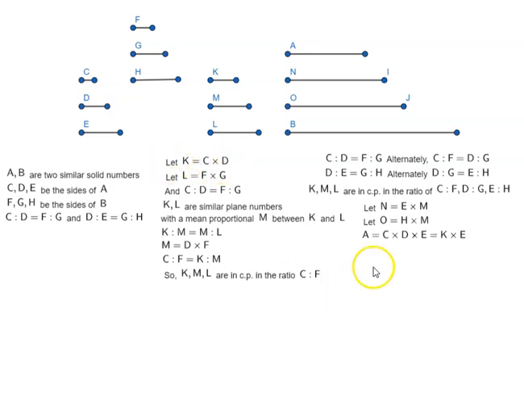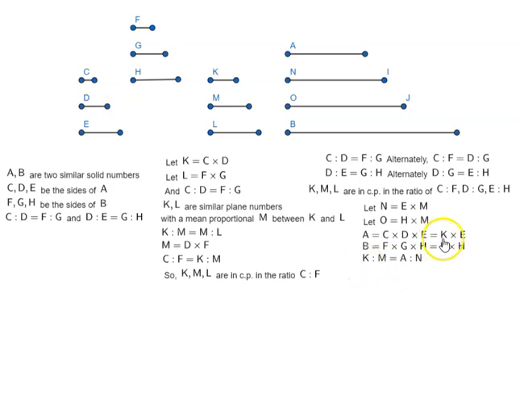Is K. So we can say A is equal to K times E, and B is equal to F times G times H, which can be written as, since F times G is L, we can write it as L times H.